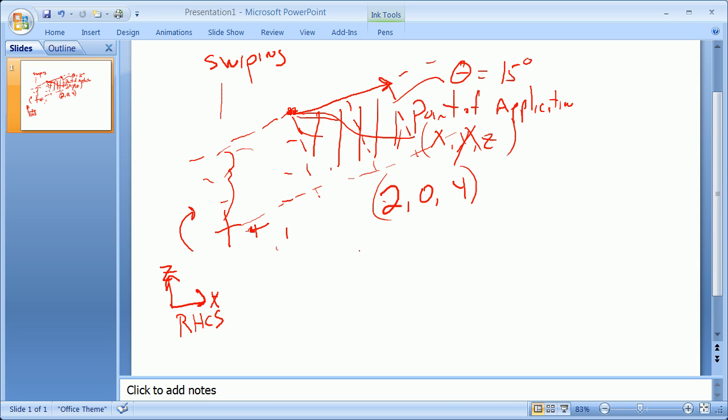So in this case the slope would be not the change in y over the change in x, but the change in z over the change in x. So let's write that. First off, our slope is going to be 4 divided by 2. I'm sorry, that's not the slope. The slope is going to be the tangent of 15 degrees.